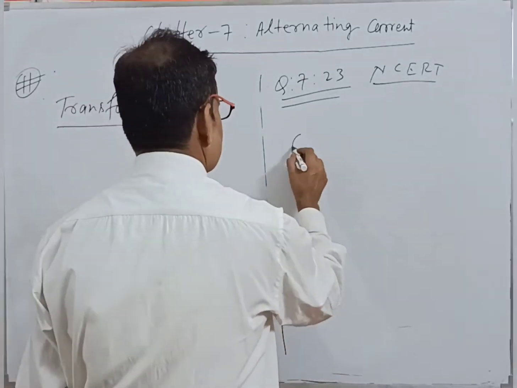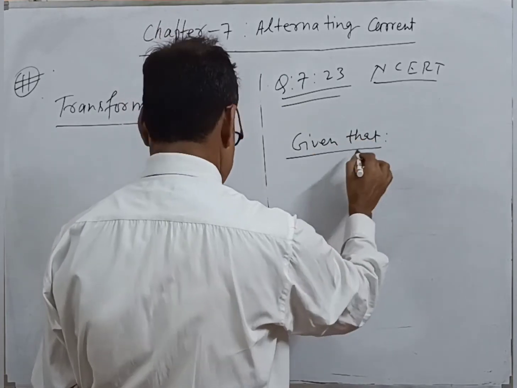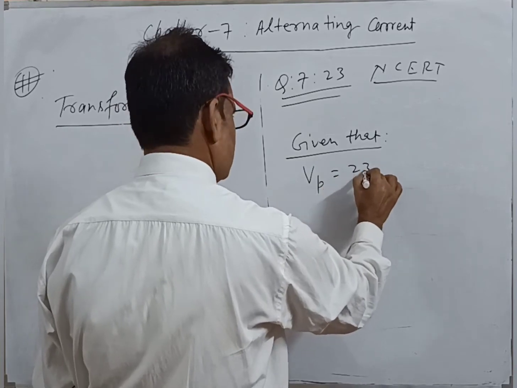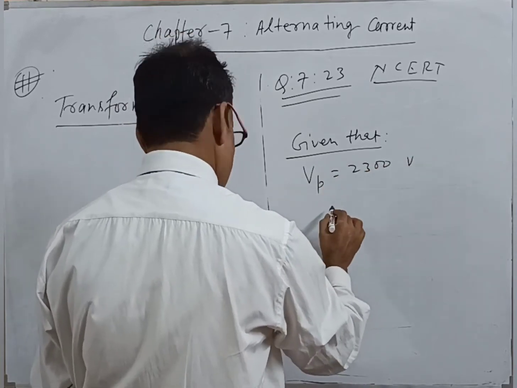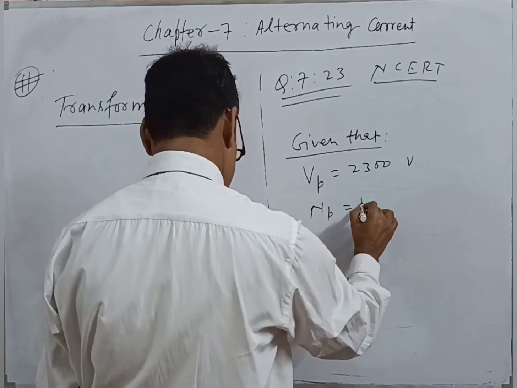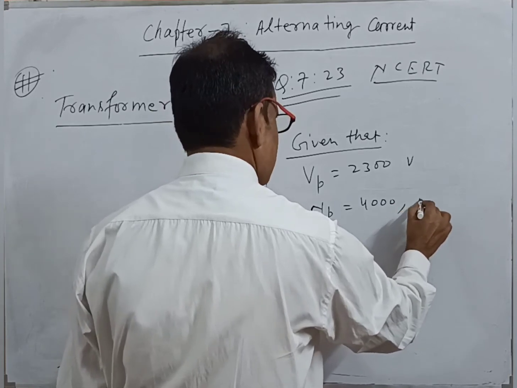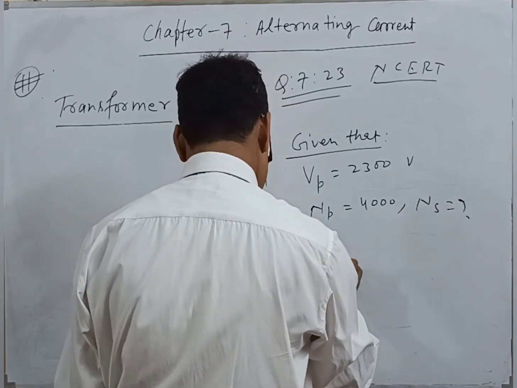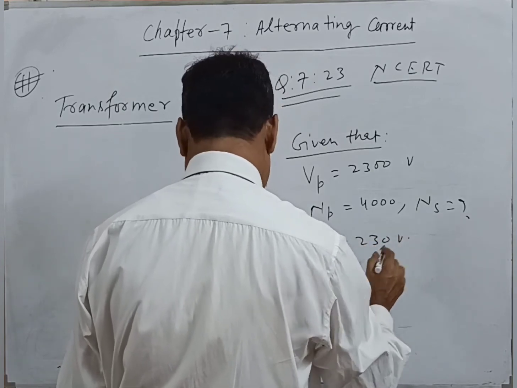So given that, first of all we will write, given that Vp is equal to 2300 volt, Np is equal to 4000 turns, Ns is equal to what, and Vs is equal to 230 volt.